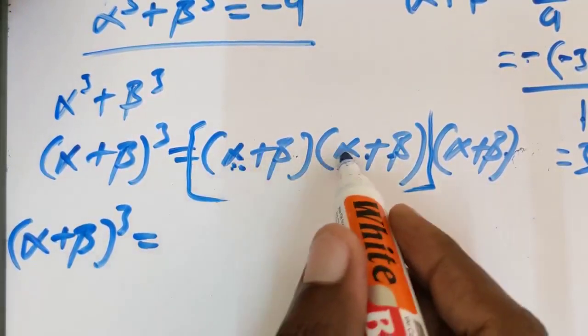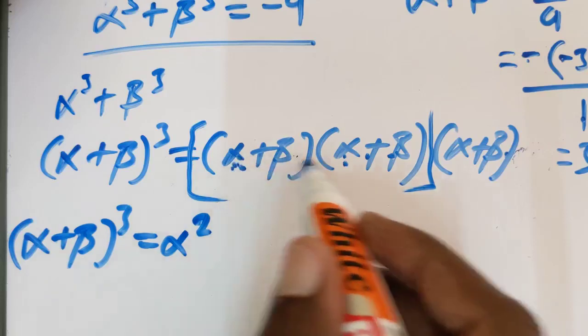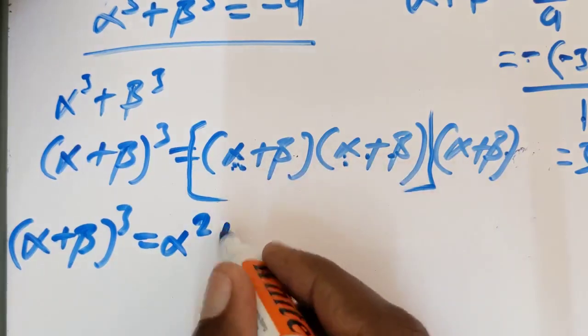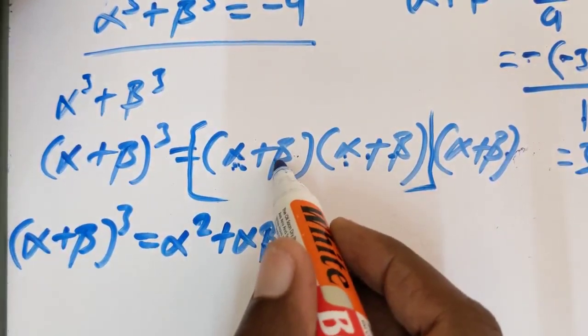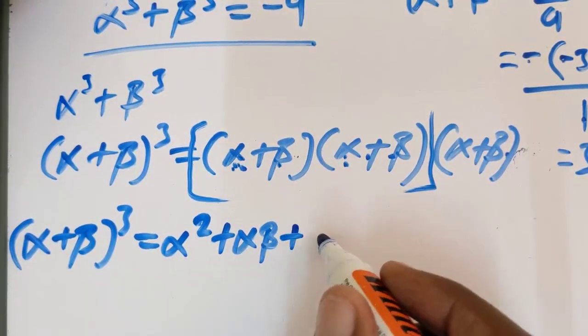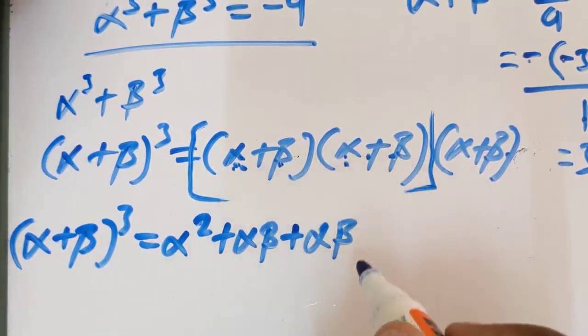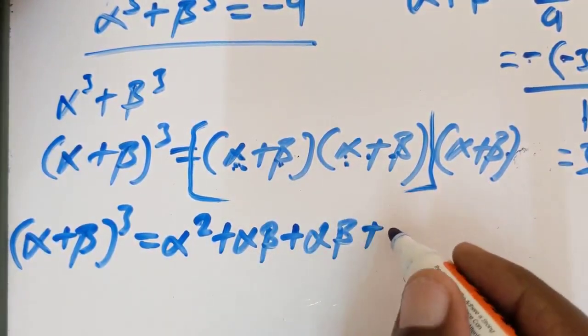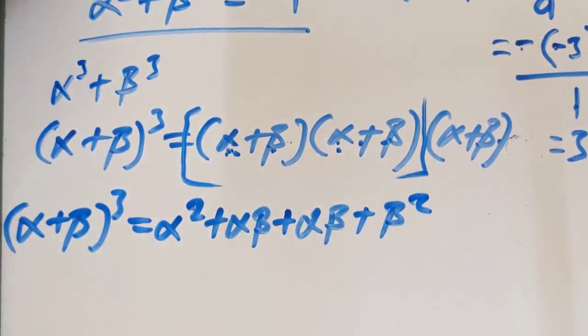Alpha times alpha is alpha squared. Then alpha times beta is alpha beta. Then beta times alpha gives alpha beta again. Then beta times beta gives beta squared.